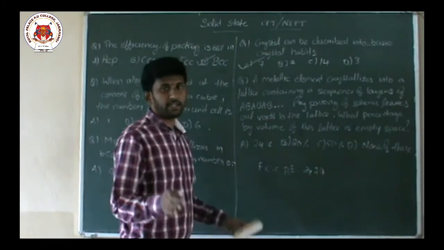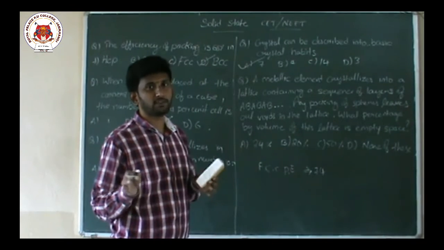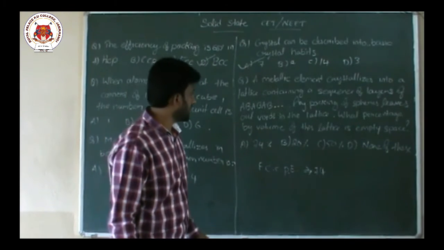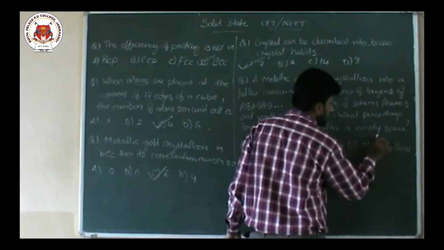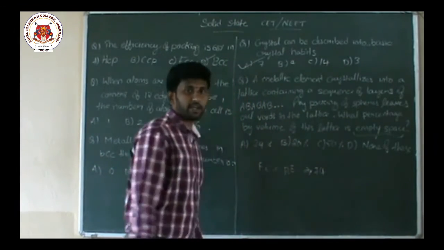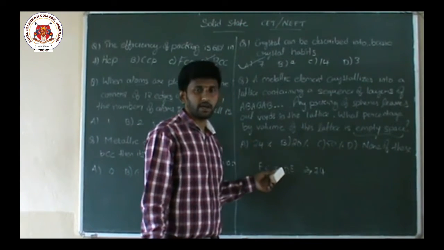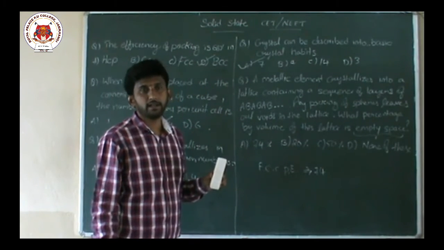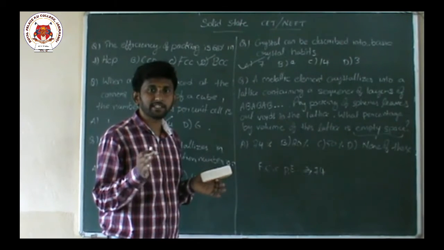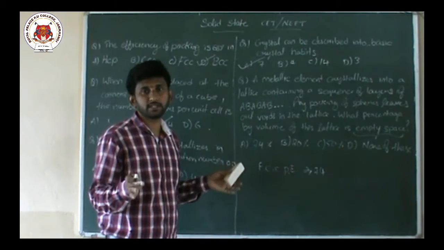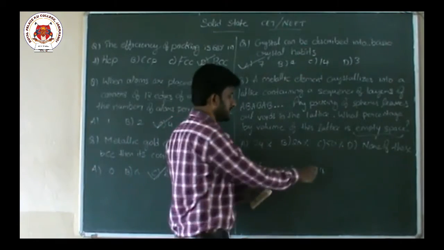That means 74% of the unit cell is occupied, but they are asking how much empty space is remaining. We are calculating packing efficiency. In the packing efficiency formula, you calculate the total space occupied by the spheres. In one unit cell, 74% is occupied.